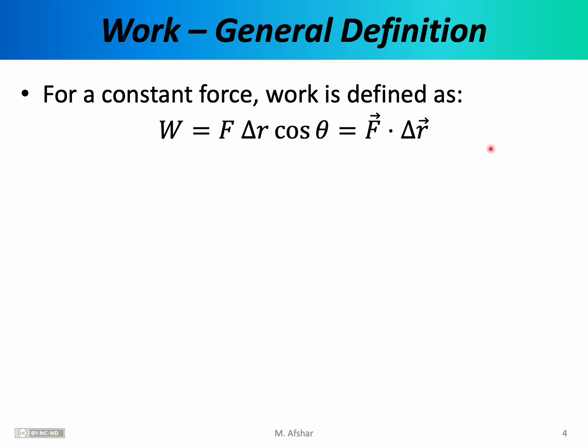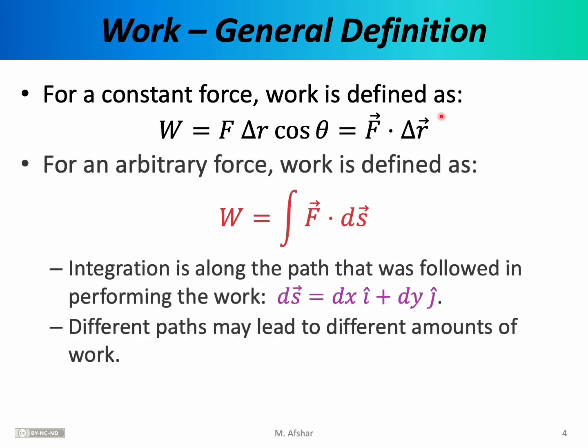We would like to be able to push boxes in 2 or maybe even 3 dimensions and be able to calculate the work. To do that, recall that for a constant force, we decided work was the dot product of F and delta R. So it turns out the dot product allows us to easily generalize our definitions for work to 2 or 3 dimensions.